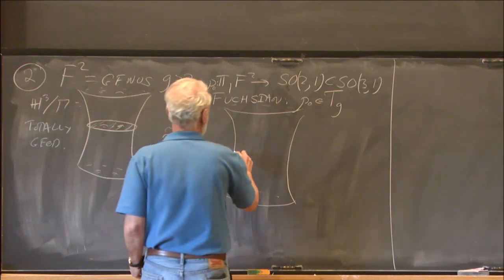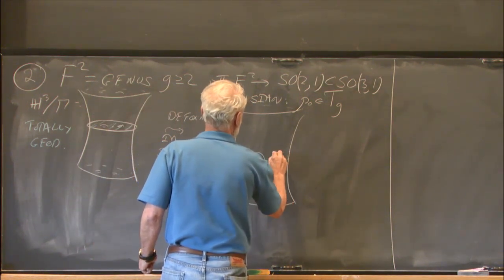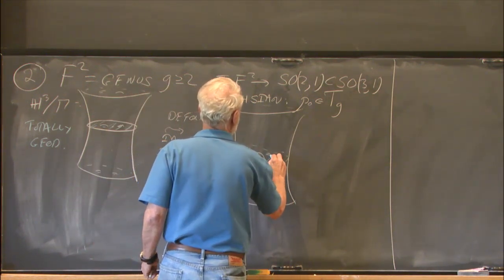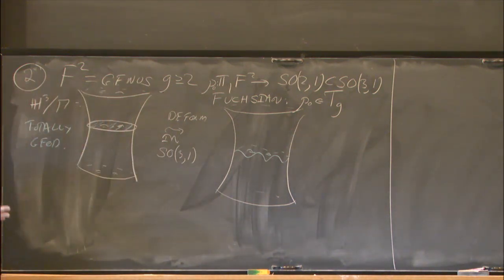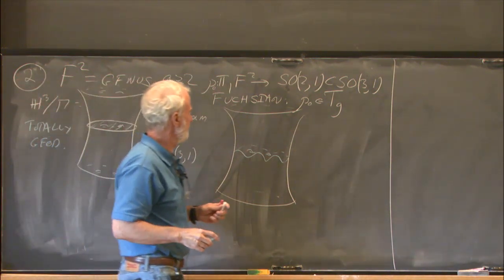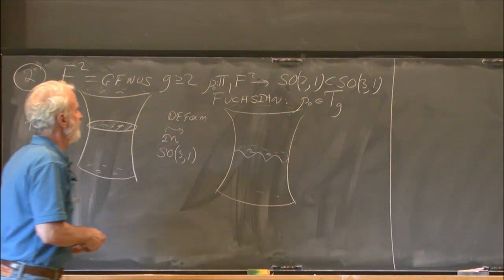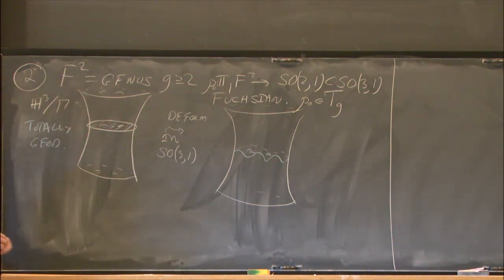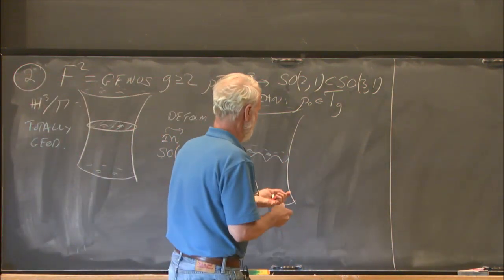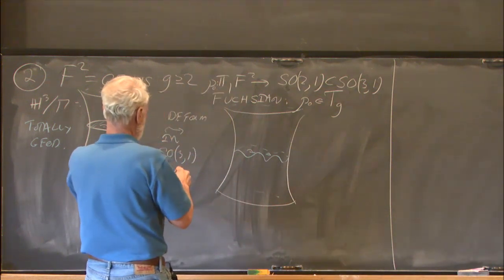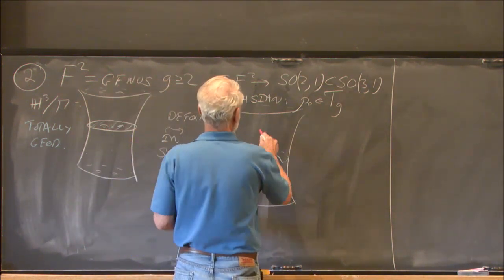It has a kind of wiggly surface. Nothing canonical here. This still has infinite volume, but by taking what's called the convex core of this structure, you can actually get something with finite volume.